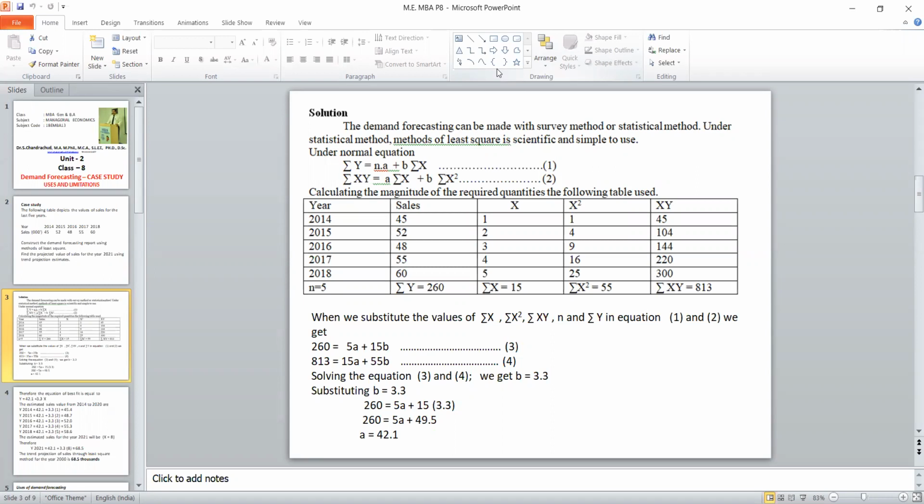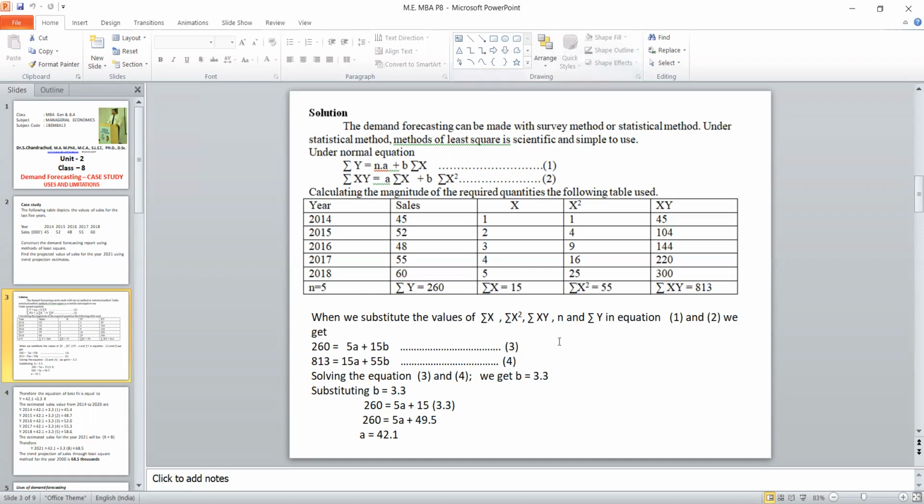So multiplying the third equation with 3, it will be 260 into 3 equal to 3 into 5a plus 15 into b. You have to make it like that. If you multiply like that, the value will be 780.